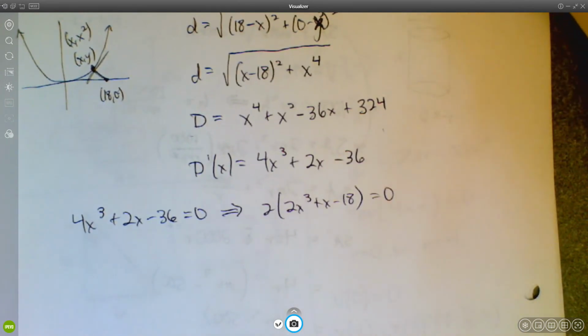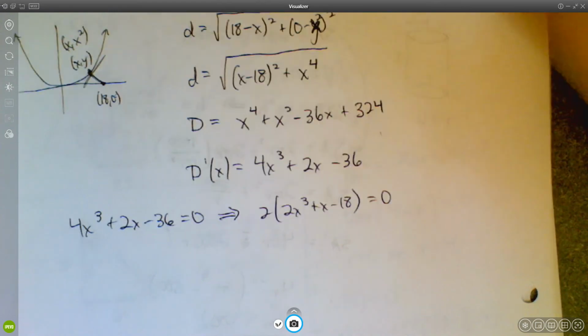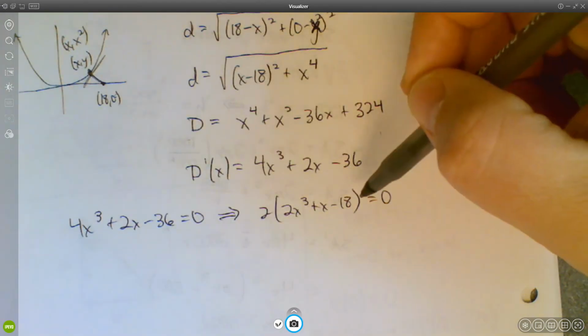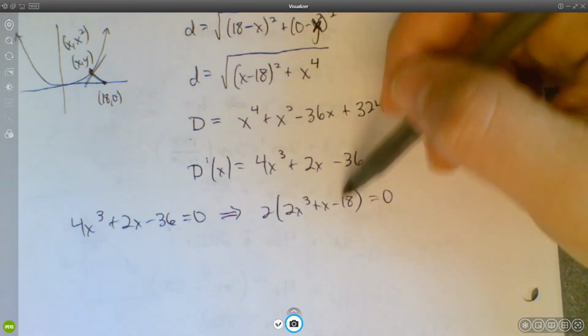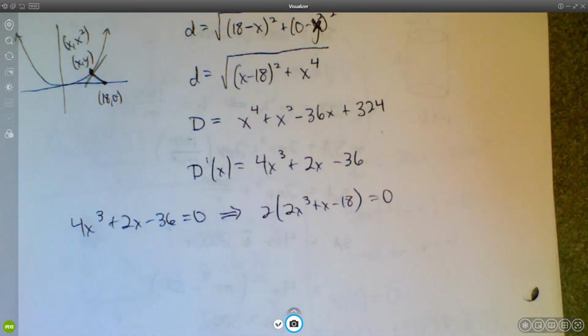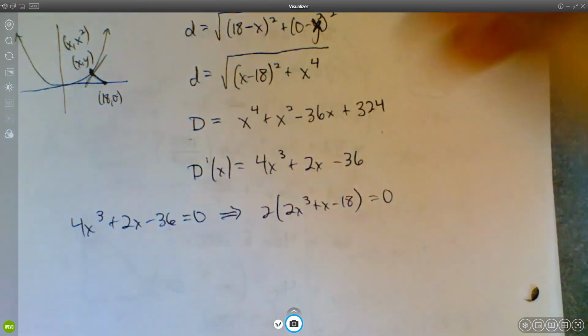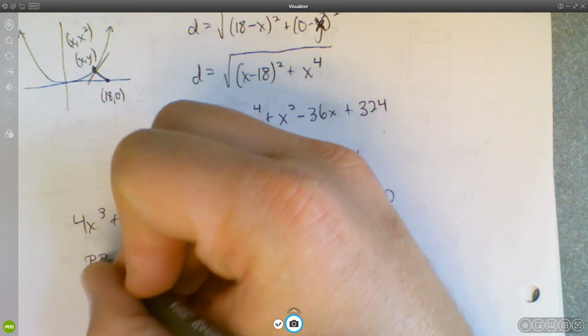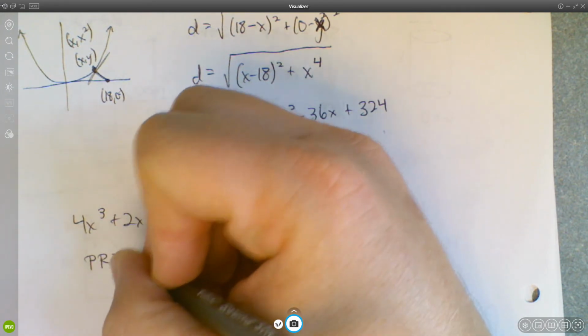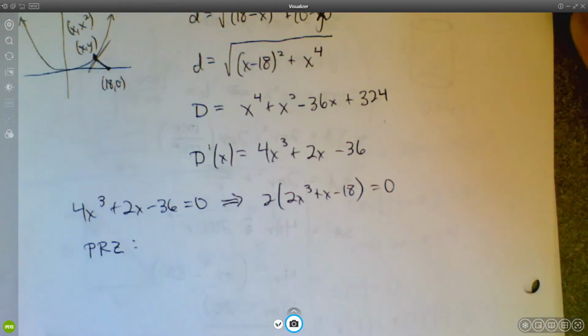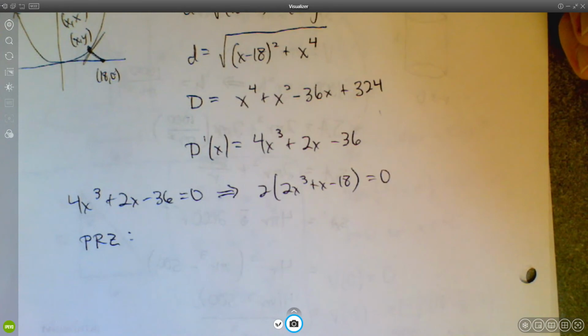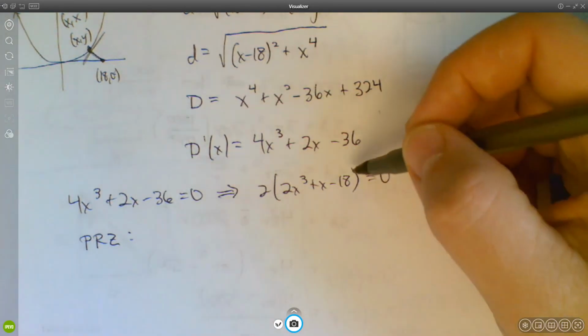I don't think I can factor that, so I think I have to use the rational zeros theorem, right? Do factors of 18 divided by factors of 2, and I can make a list of the possible rational zeros. If you don't remember this from your pre-calculus days, you'll have to talk to me so that I can run you through it.